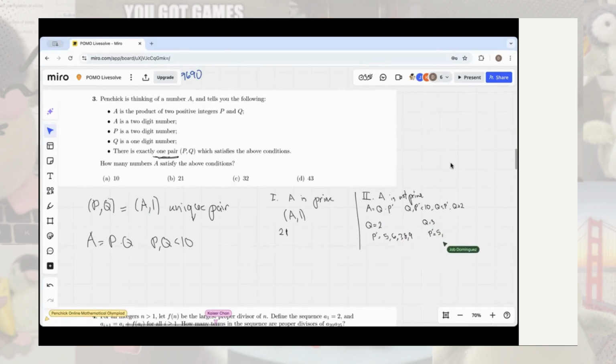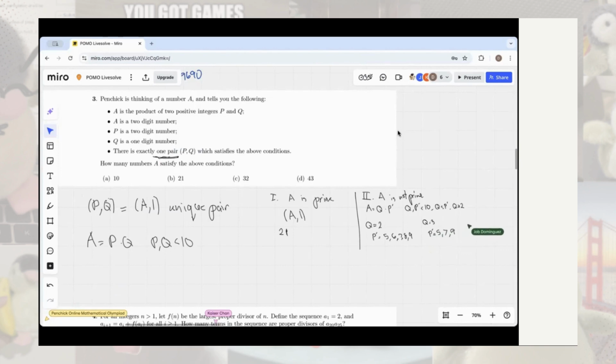We just have 5, 7. 8 doesn't work: 8 times 3 is 24, but you can write it as 4 times 2, which is not allowed. But 9 works. 3 times 9 is 27. It's not the case after that.